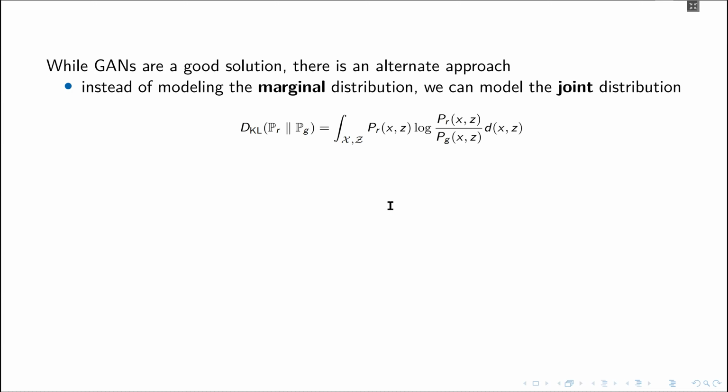Do you understand my question? You mean JS divergence is better than KL divergence? KL divergence in terms of generative modeling. My question is, you understood my question, right? I guess. You mean why is a symmetric distance better than a non-symmetric distance? In terms of generative modeling.